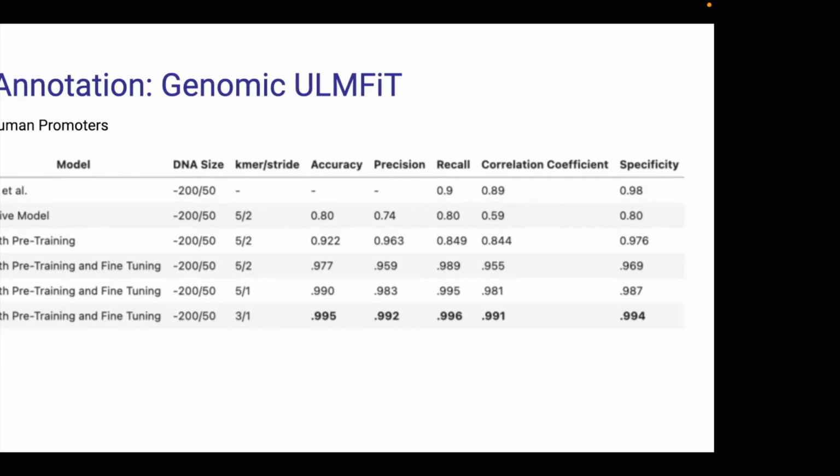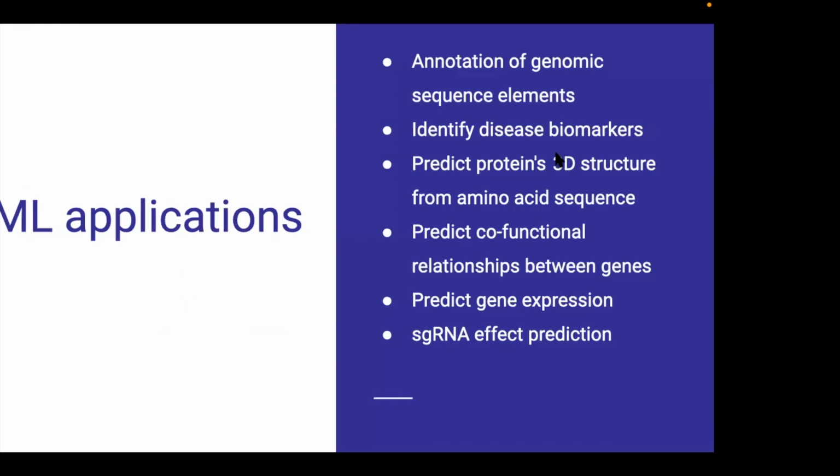Another thing would be actually predicting the disease, the disease biomarkers. So similar to annotation of genomic sequence elements, we could identify the disease biomarkers instead of just the genes that have been identified. Maybe there are other parts such as, again, the enhancers or the promoters that cause the genes to engage, the genes to get expressed, which cause diseases.